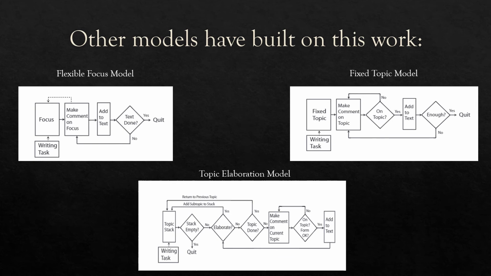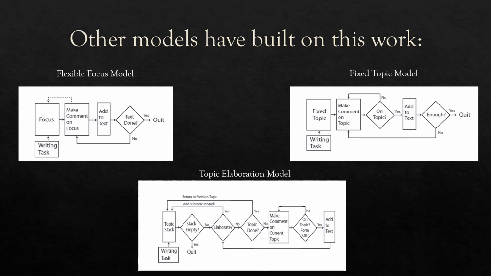So the students are given the writing task, they focus on it, they develop a focus. So if the writing task is to write about your summer, the focus would be the time they went to camp for the first time in their lives. They're going to comment on the focus.